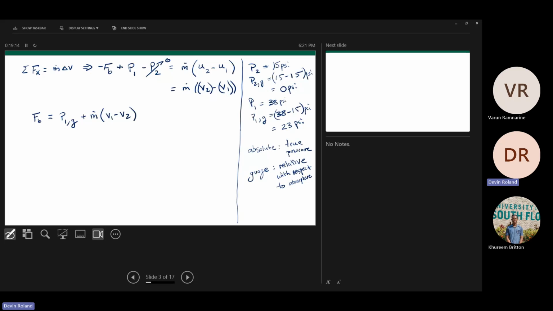I moved the right-hand side over, and then the negative I distributed and flipped the V's around.